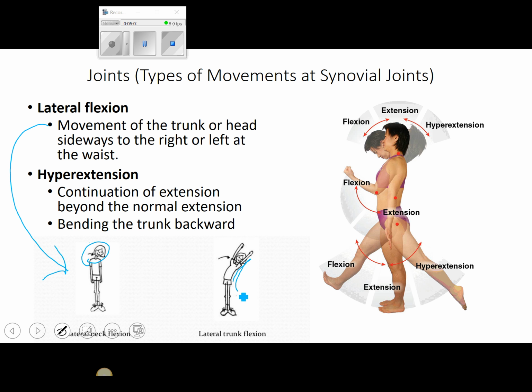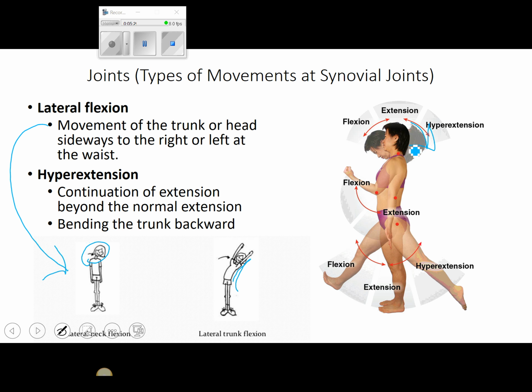Hyperextension is continuation of an extension beyond the normal extension. If you bend the trunk backwards, that is considered hyperextension. If you move the head backwards, as shown in this picture, that would be hyperextension. You're moving that body part beyond the normal anatomical position.